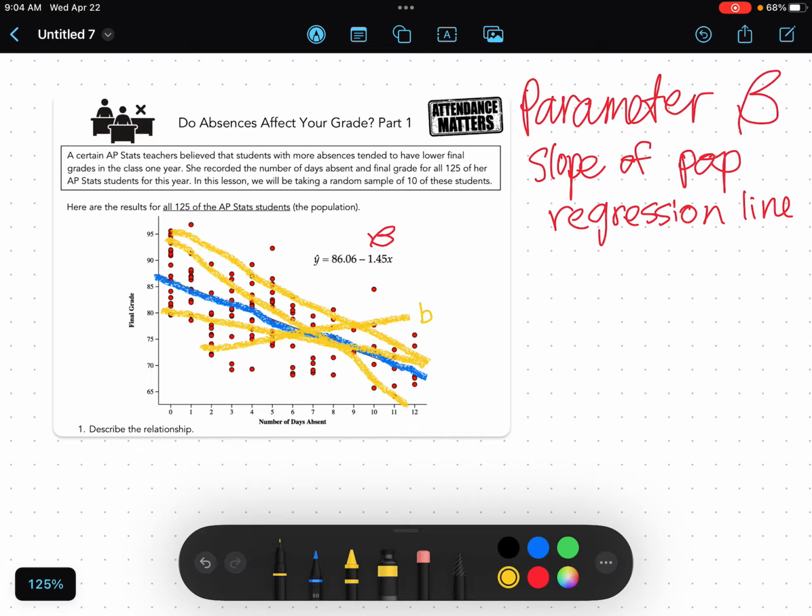And so b is our statistic and beta is our parameter that we're trying to learn about, because that's really the point of stats. A lot of people think that stats is just describing things, which stats does help us do, sure. But the real point of stats is using statistics to learn about parameters.